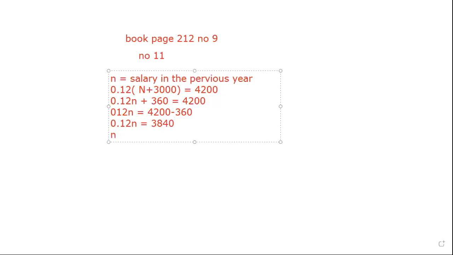We will divide it by how many? Divided by 0.12. It will be 32,000. Okay, then in real-world problems, we can use the distributive property to answer the question.